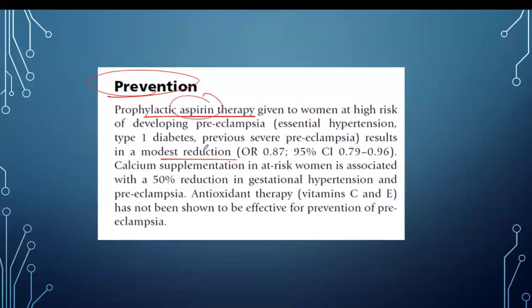So aspirin is a good preventative medication, and also calcium. It can reduce the chance of gestational hypertension and preeclampsia by 50%, whereas vitamin C and E haven't been shown to be effective. So it comes in exam. I have seen a couple of questions like that. So aspirin and calcium, both of them can reduce the possibility of gestational hypertension and preeclampsia. If both of them are in the options, which one will you choose? Calcium.